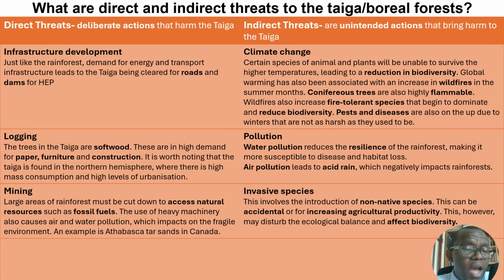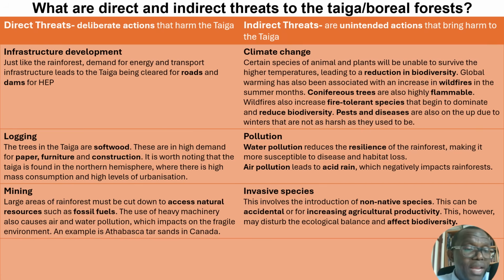So a lot of developed countries or HICs are in this particular belt, and therefore the demand for this softwood is coming from those countries, and we know that those countries have rapidly urbanized and they are fairly wealthy, and therefore the demand for manufactured goods is quite high, and there's mass consumption in those countries. That means that logging becomes a big problem because the demand for this softwood is going to be extremely high.